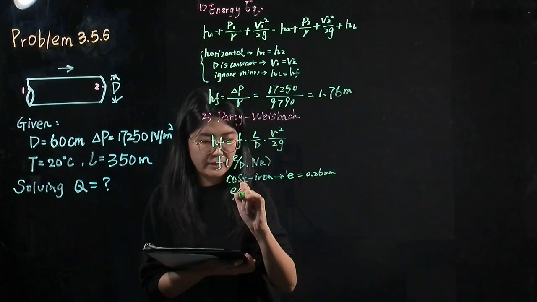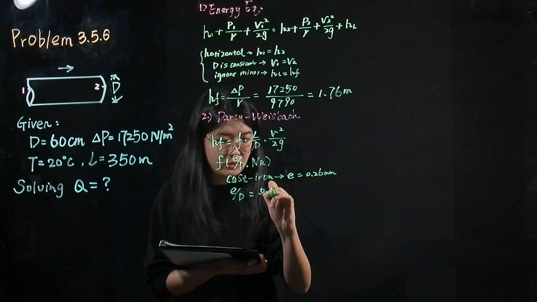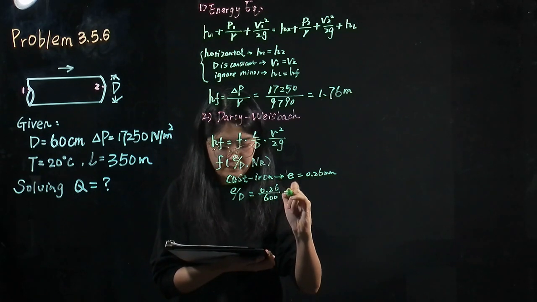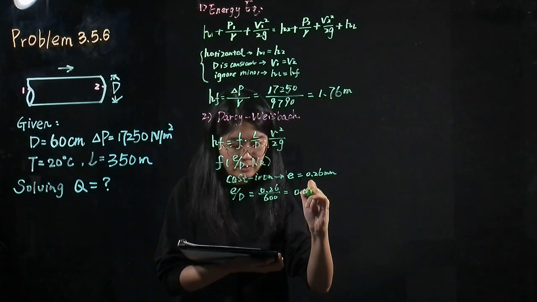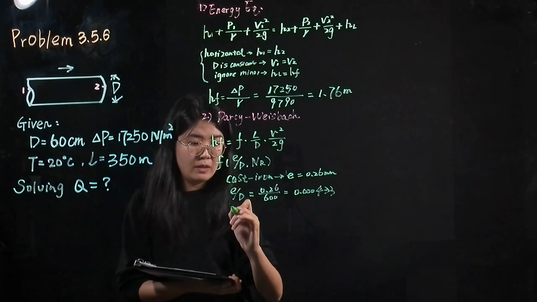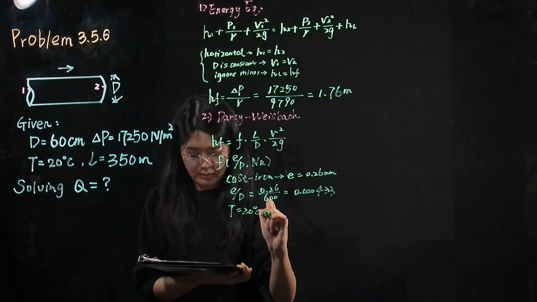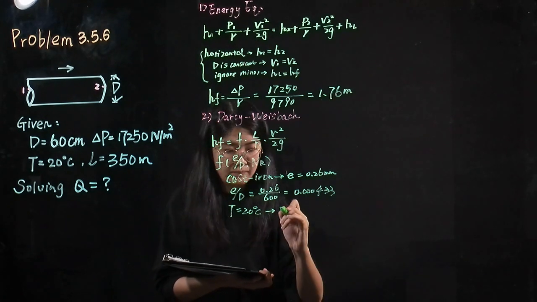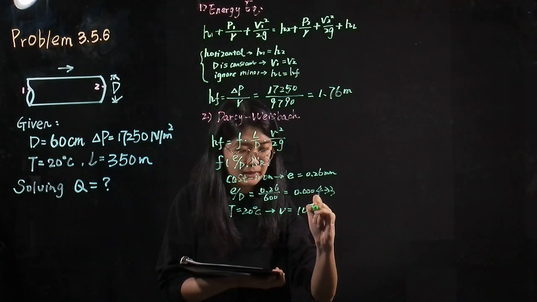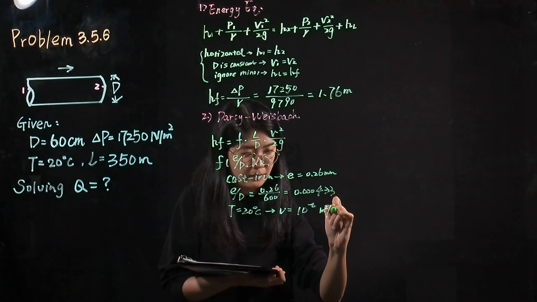Then we can calculate the relative roughness: 0.26 over 600 millimeter, which equals 0.000433. Because the water temperature is 20 degrees Celsius, the kinematic viscosity is 10 to the power of minus 6 meter squared per second.